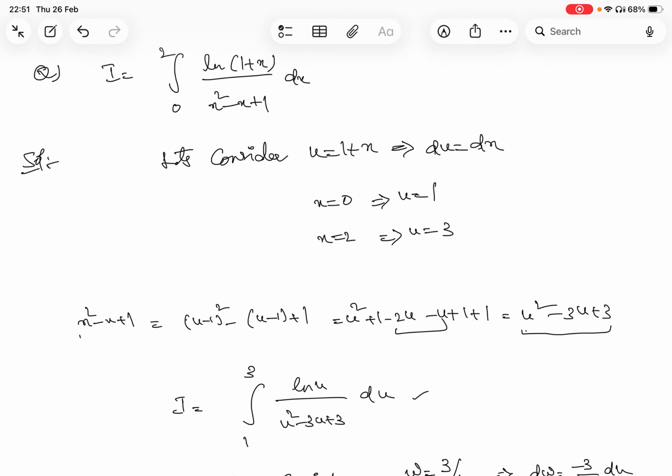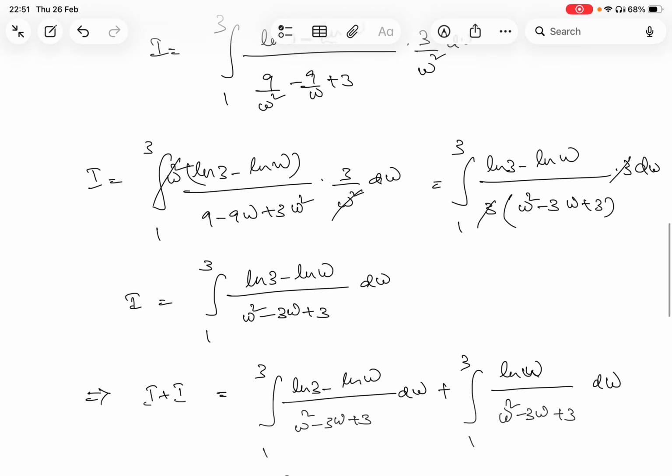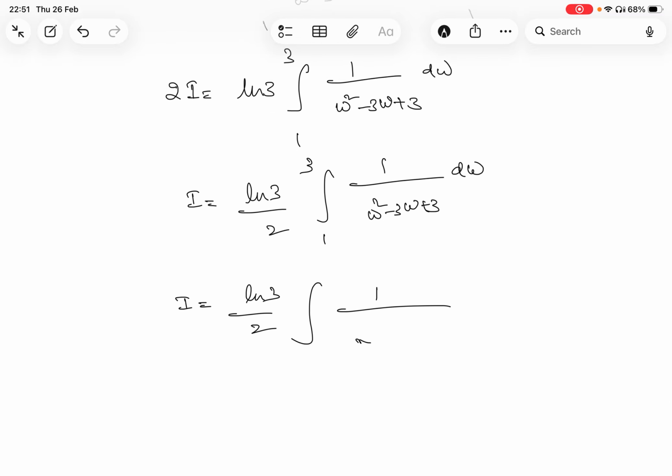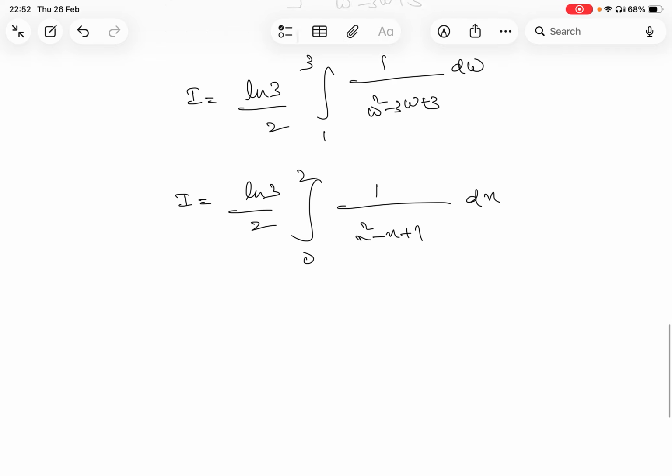You can replace it with x square minus x plus 1, right? The limits 1 to 3 will change to 0 to 2. Now this becomes the integral of 1 by x square minus x plus 1 dx from 0 to 2, the problem which is given. Fine. This is simple, right? I mean, this is easier to solve now.